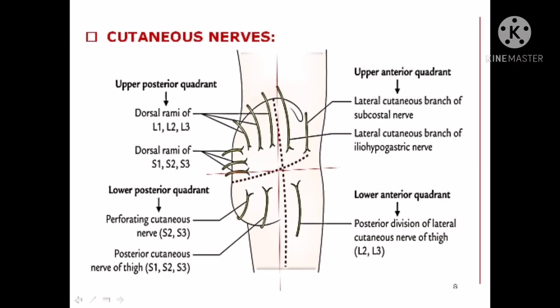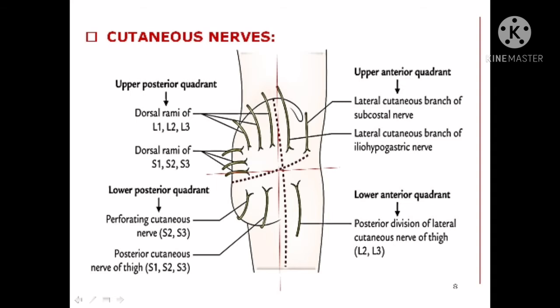The cutaneous or sensory nerve supply of the gluteal region: each of the right and left gluteal regions is divided into four quadrants regarding their nerve supply. The upper anterior quadrant, the lower anterior quadrant, the upper posterior quadrant, and the lower posterior quadrant.